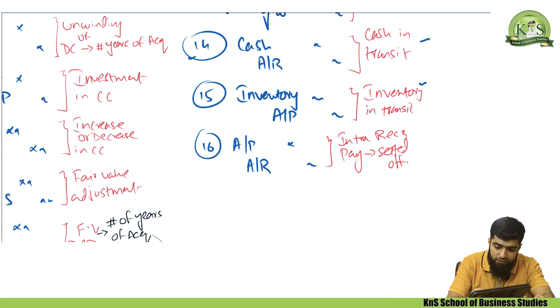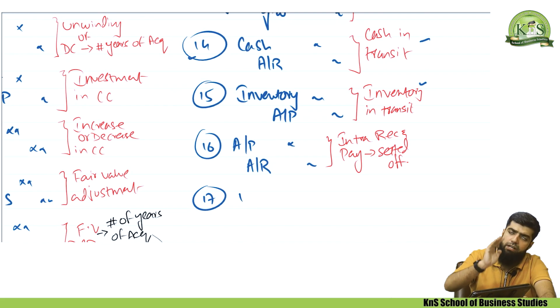Now another adjustment that a company might record is the URP, unrealized profit. Now what is unrealized profit?